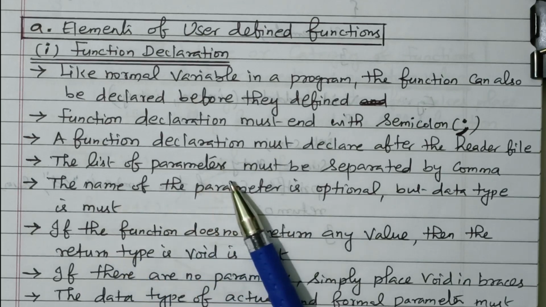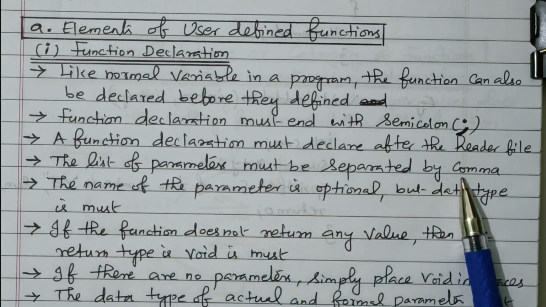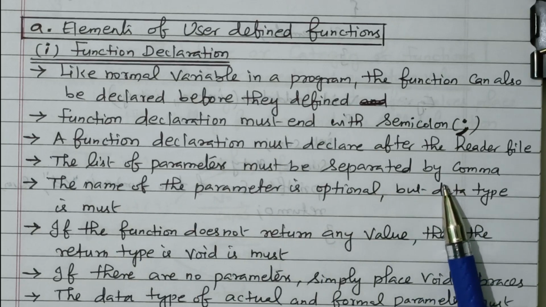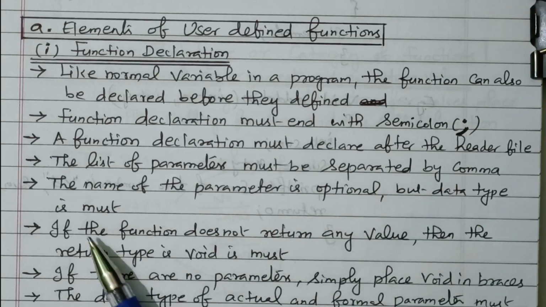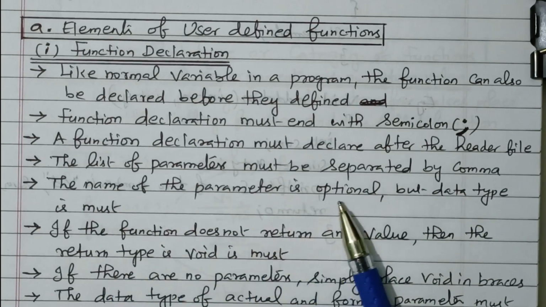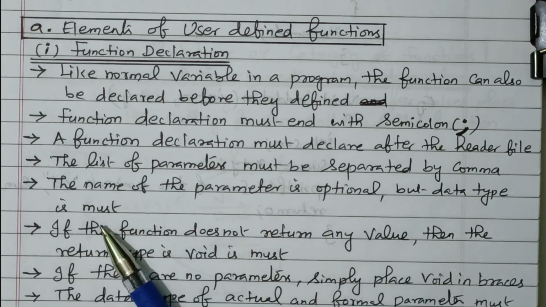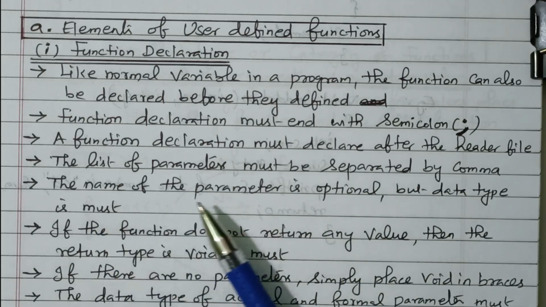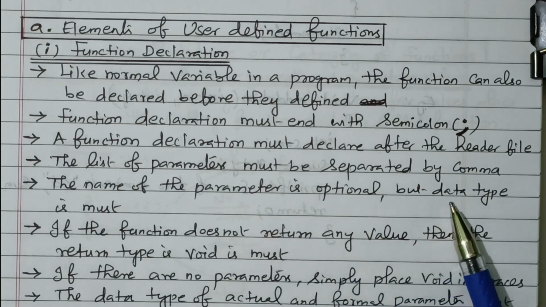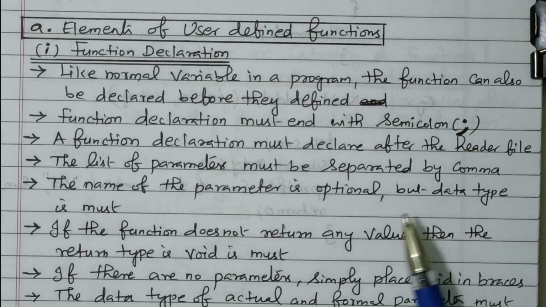A list of parameters should be separated by commas. Suppose we are passing two parameters, they are separated by a comma. The name of the parameter is optional, but the data type is a must. For example, integer comma integer we can give, or integer a comma integer b also we can give, but the name is not necessary, though we need to specify the data type, what type of data we are going to pass to the function.